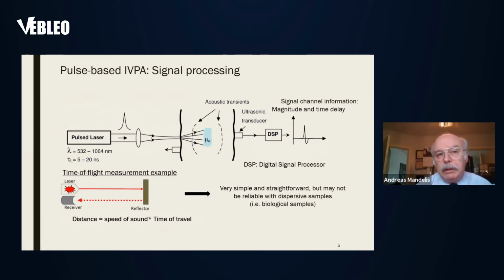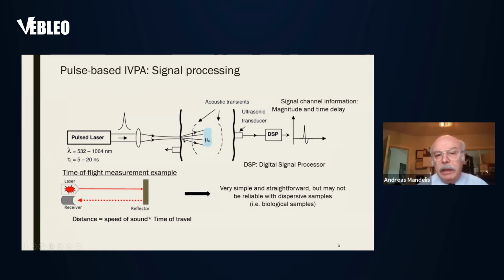The way the field has been developing, it has been in two ways. One of them is a pulse-based intravascular photoacoustics. So what you have is a pulse laser, maybe in the 532 to 1064 nanometer range, typically a neodymium YAG laser. The pulse duration is about 5 to 20 nanoseconds, and then it strikes the surface of the tissue.